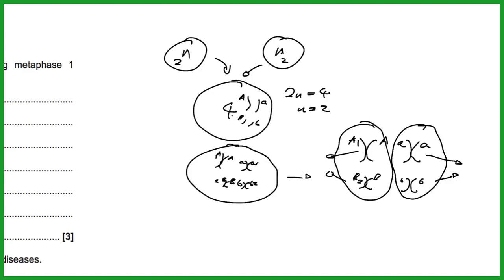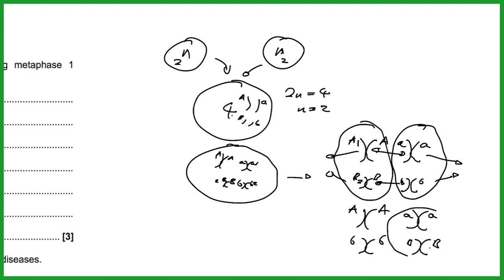But what's important to remember is that they don't line up in any particular order, so that these could be the other way around and these could be the other way around. So the alternate solution is that we could have this, but we could have the B chromosome 2 the other way round.